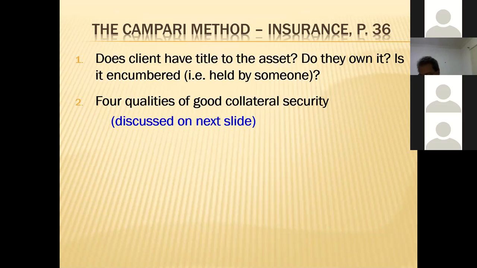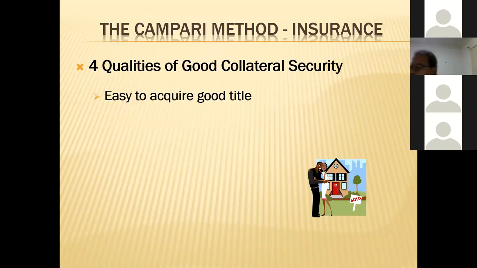The next point is the 4 qualities of good collateral security, and we can look at them in the next slide. So the first one is easy to acquire good title.